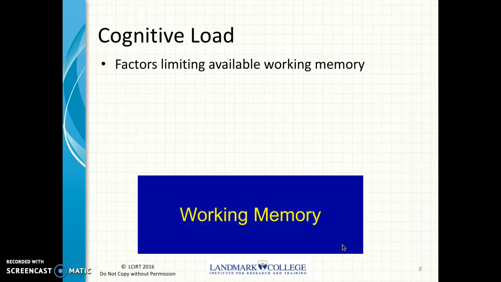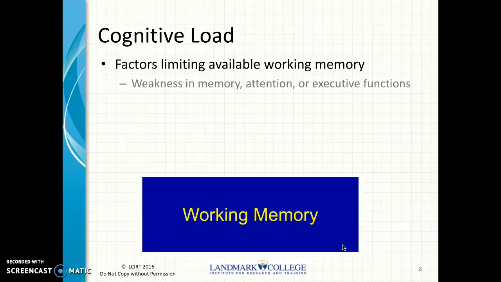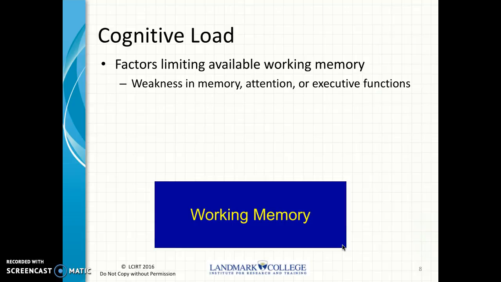So what are some of the factors that might limit working memory for students? So we have students, particularly those with executive function challenges, ADHD, and so on, who often have core weaknesses in working memory, attention, and executive functions. And for those students, they have a smaller working memory capacity to start off with.